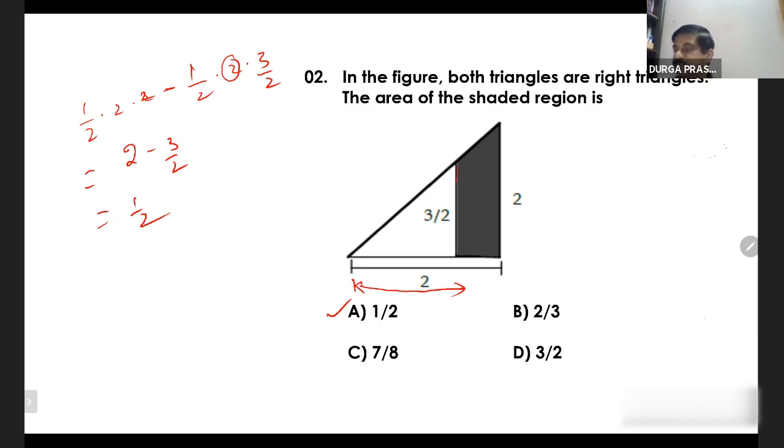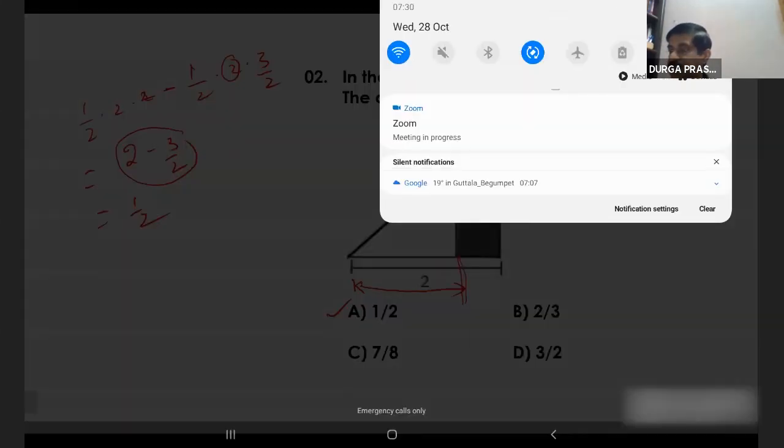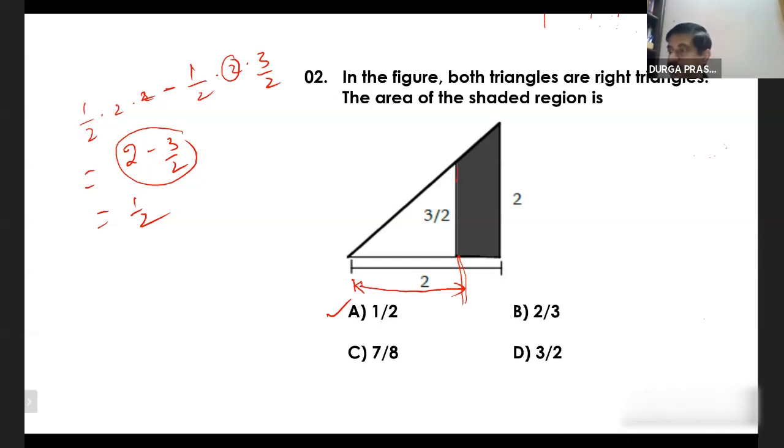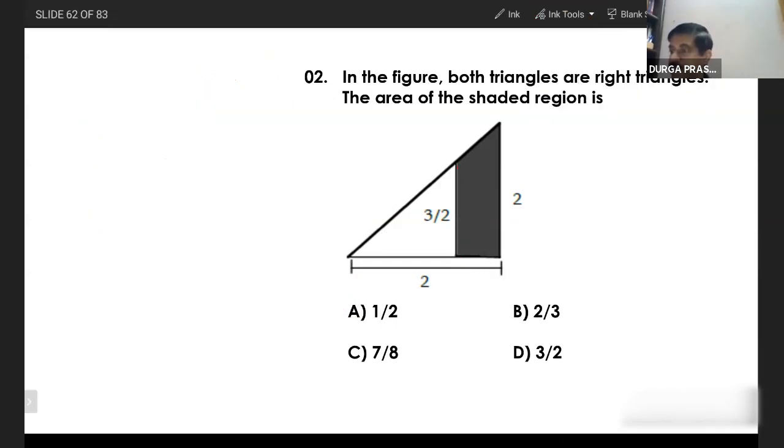This length should be less than 2, so let us change that. This is not the correct way of working, so I'll show you a different way. Let us go to the next page.